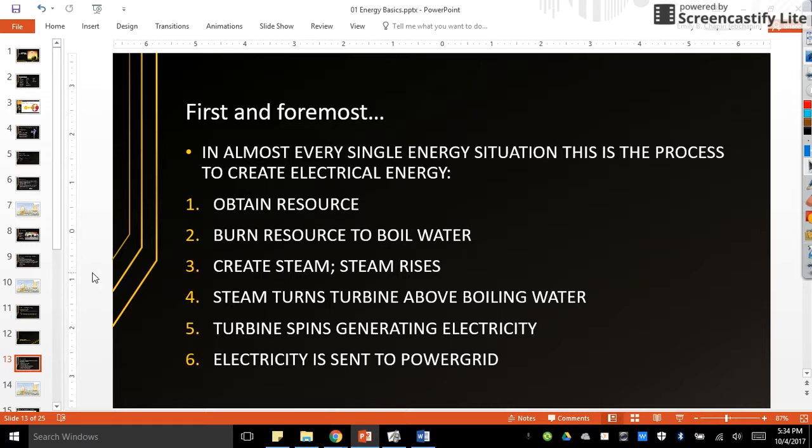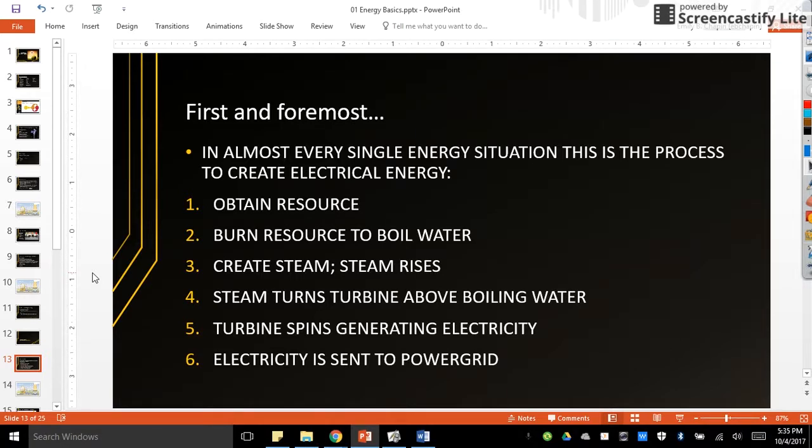Before I talk about any energy resource, when we are creating electrical energy, there is a process that goes along with almost every single resource. The first thing is we're going to obtain that resource. The second is we're going to burn that resource to boil water. When we boil water, it's going to create steam, and the steam is going to rise because of convection.